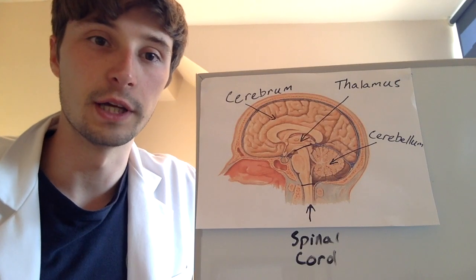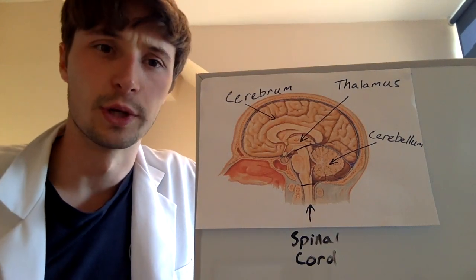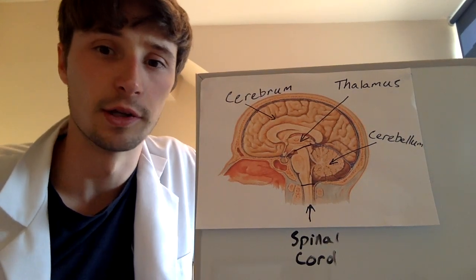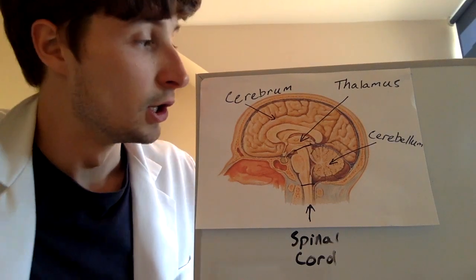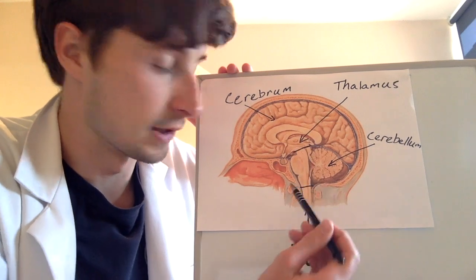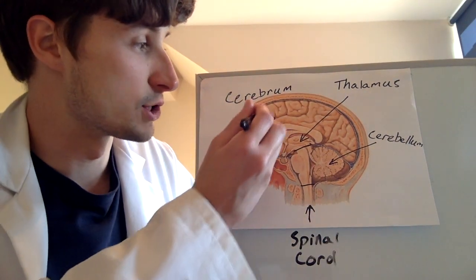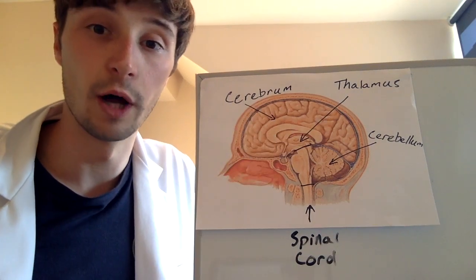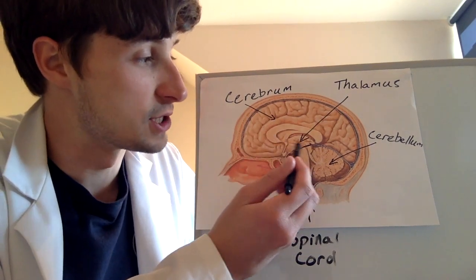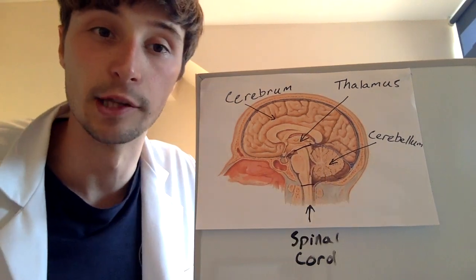Let's just have a look at the brain as it's cut in mid-sagittal section so we can appreciate some of the structures surrounding the brainstem. So we've got the brainstem here outlined between these two lines, but we've also got some important structures around it. So we've got the cerebrum, or the big bit of our brain. We've got the thalamus, which is sitting just above the brainstem, and then we've got the cerebellum, which is sitting behind the brainstem.